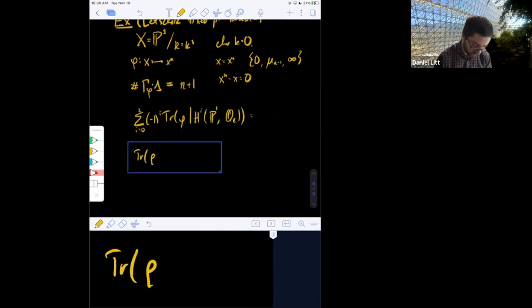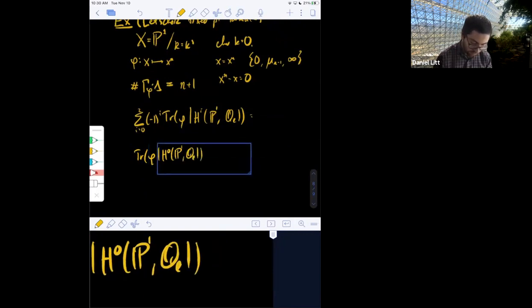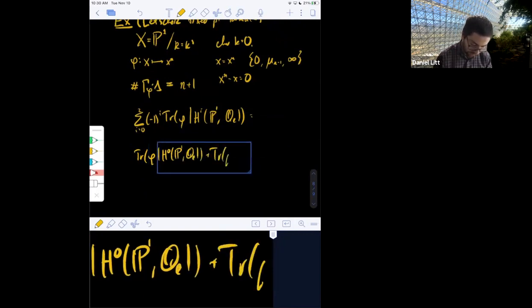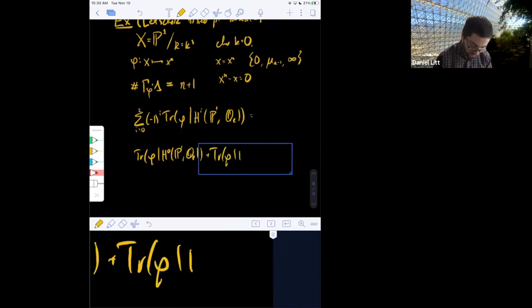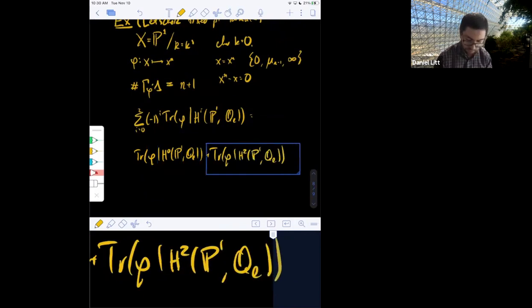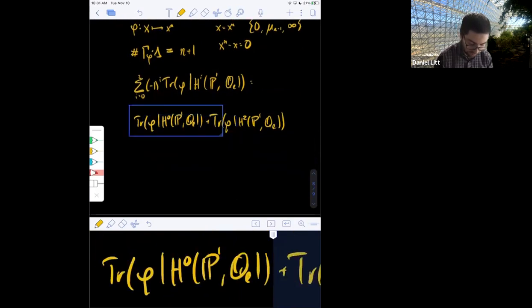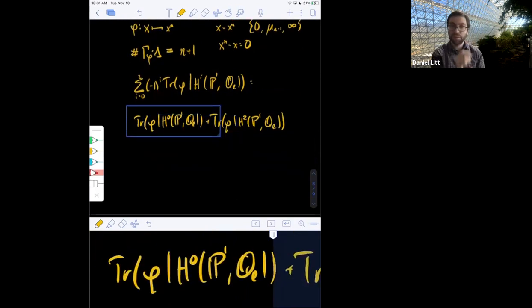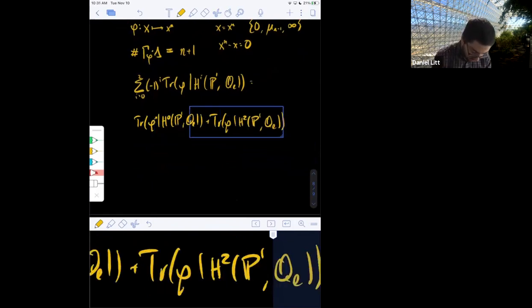So this is the trace of phi on H0 of P1, Q_l, plus the trace of phi on H2 of P1, Q_l. So let's compute that. Sorry, this should be phi pullback.